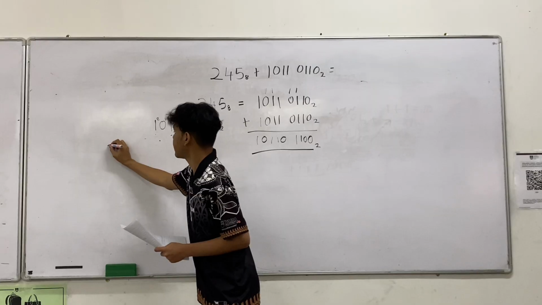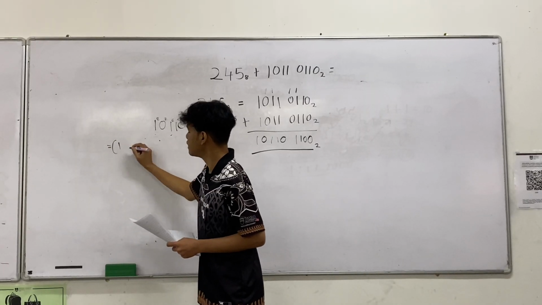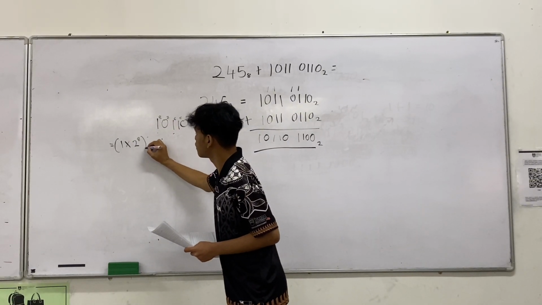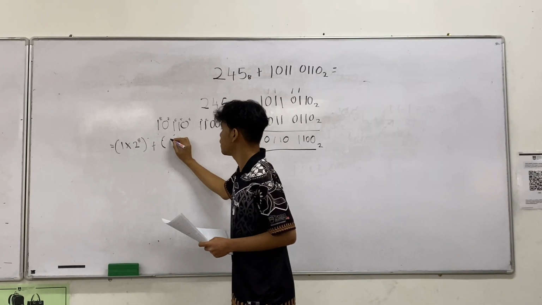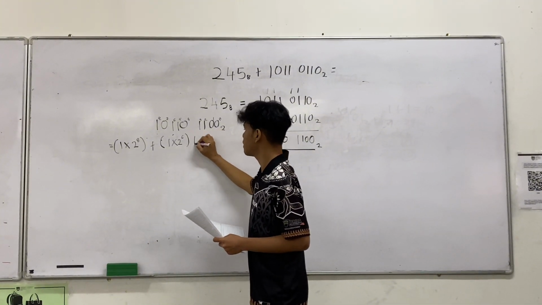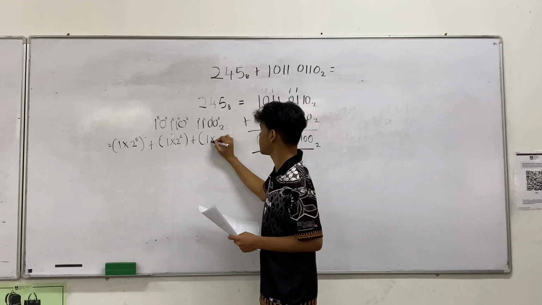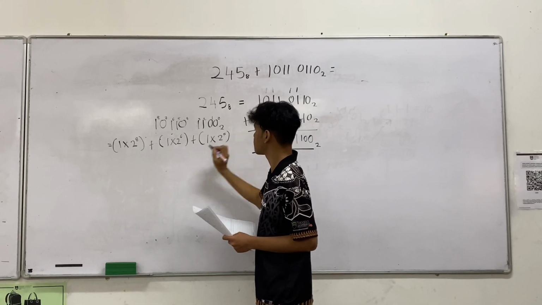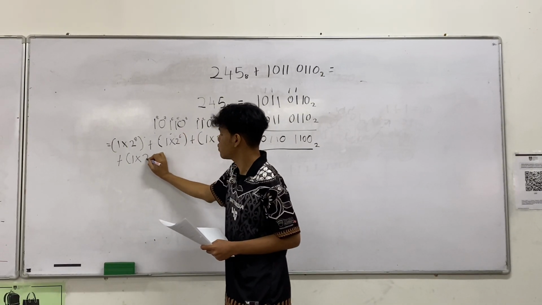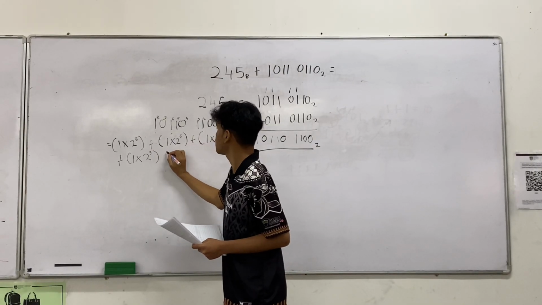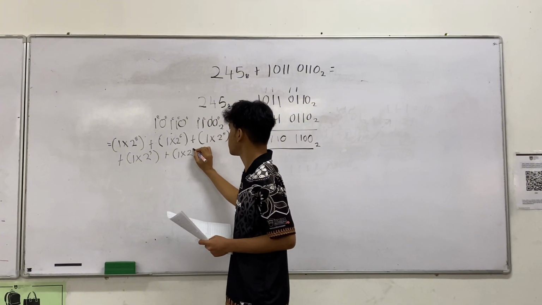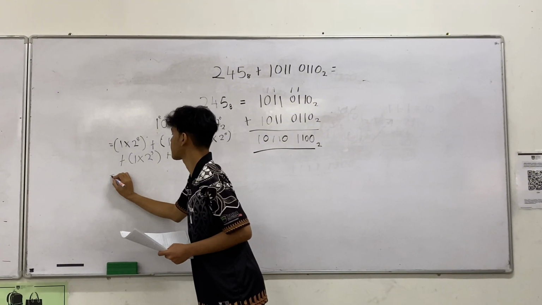So it is going to be like 1 multiplied by 2 to the power of 8, plus 1 multiplied by 2 to the power of 6, plus 1 multiplied by 2 to the power of 5, plus 1 multiplied by 2 to the power of 3, and last 1 multiplied by 2 to the power of 2.